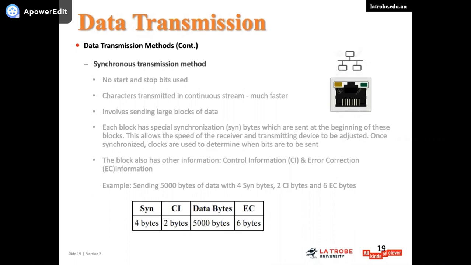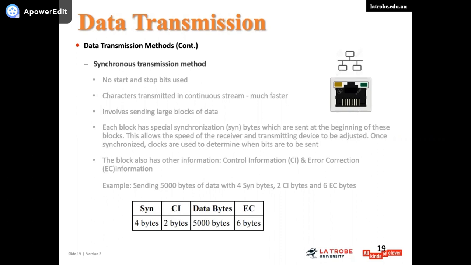Different from packets, in the synchronous transmission method there's a new concept called a block. A large block of data is sent in this mode, and each block has special synchronization bytes we call sync bytes, sent at the beginning of each block, which allows the speed of the receiver and the transmitting device to be adjusted.